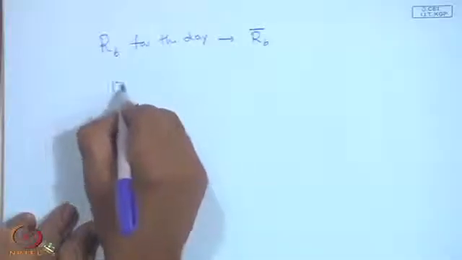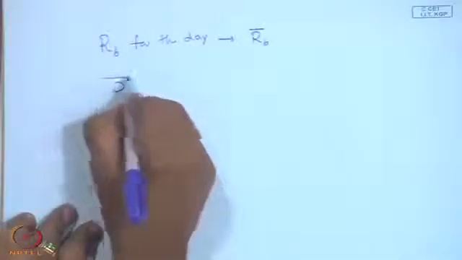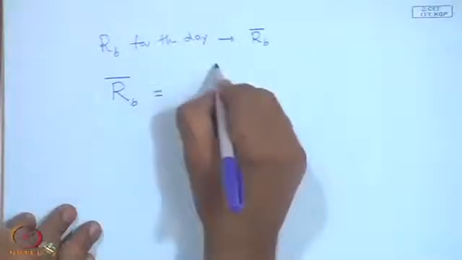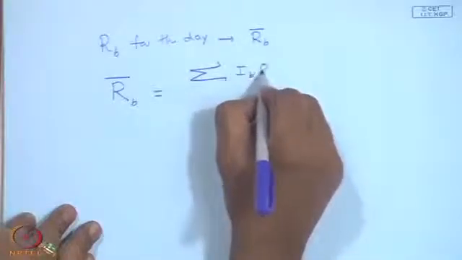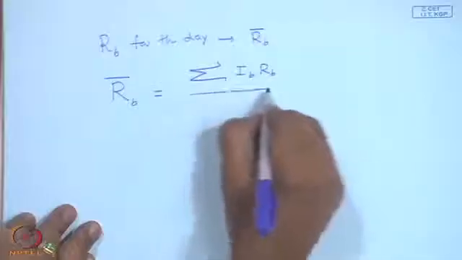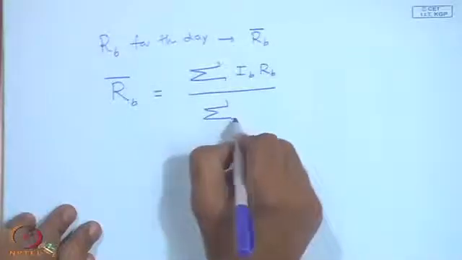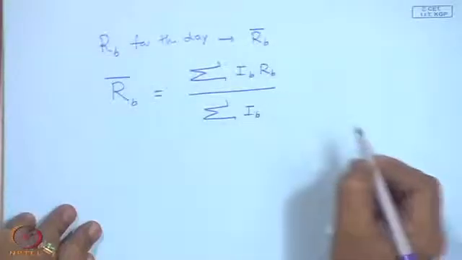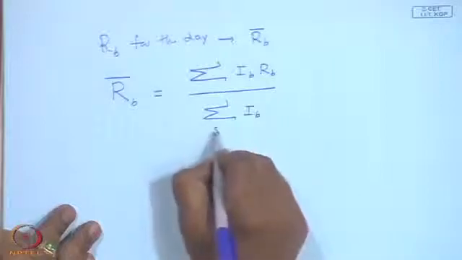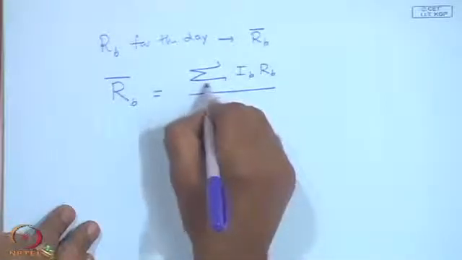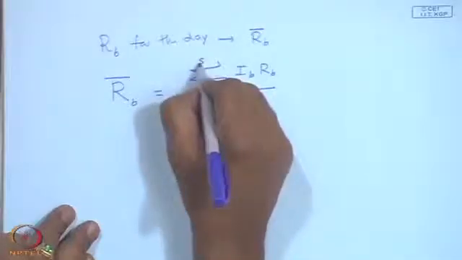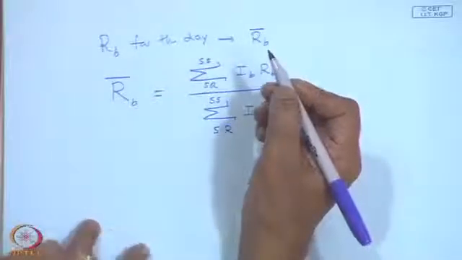This R B bar should be equal to the summation of I B R B over the summation of I B, again categorically from sunrise to sunset.